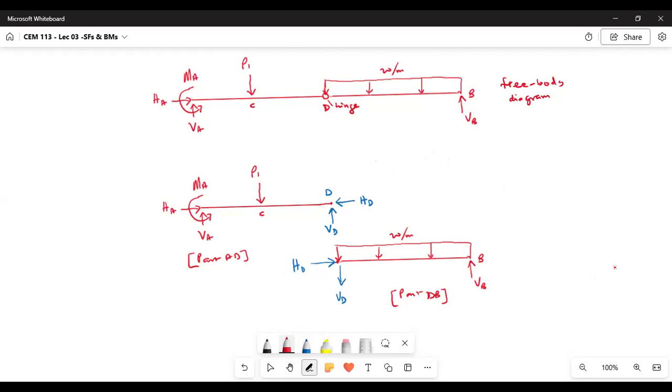So these are the segments, or the parts. Because there's only one internal hinge, you have two segments.